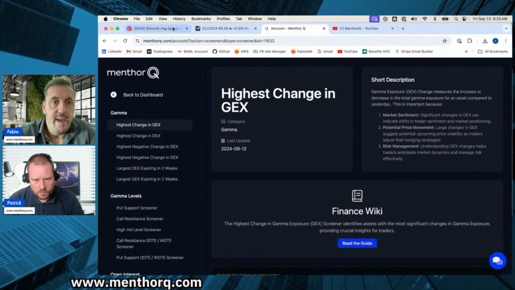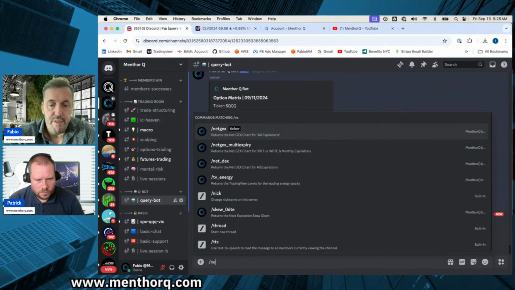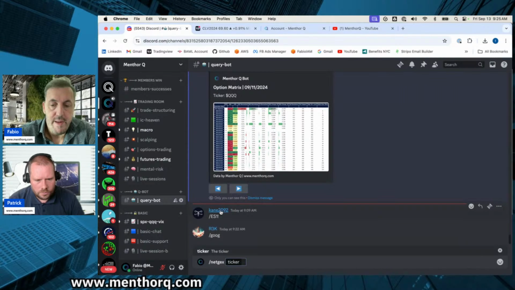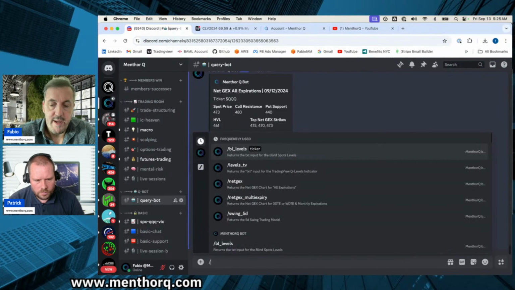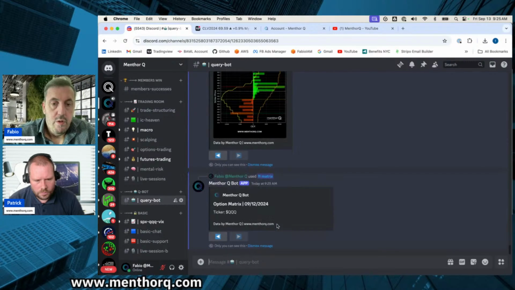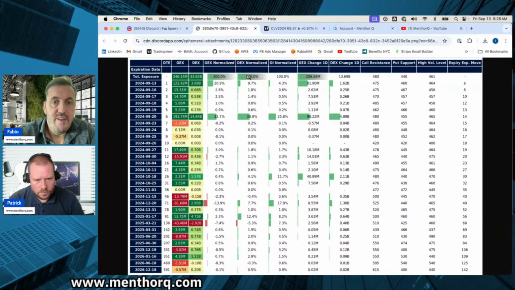And if we then go back to our bot, we can actually see that now we have shifted to a positive gamma environment. So if we type in our QQQ, for example, and we open our matrix, we can see the gamma change here.